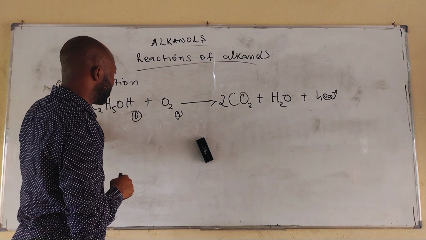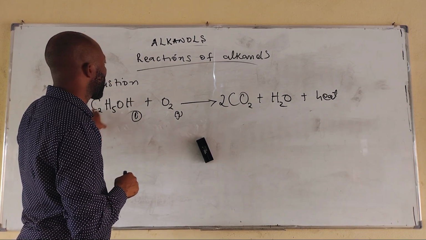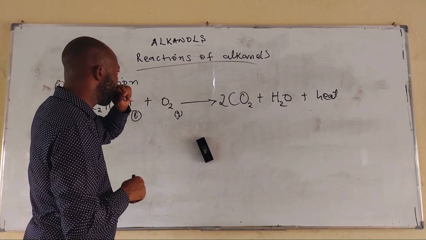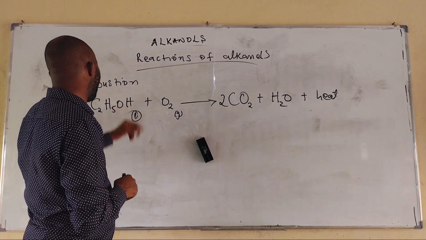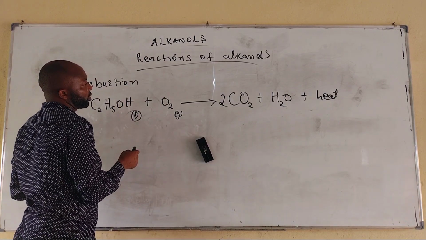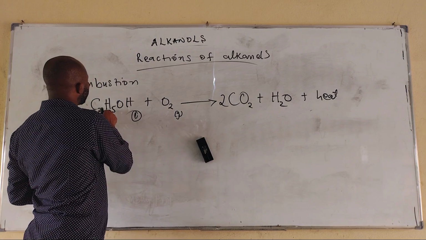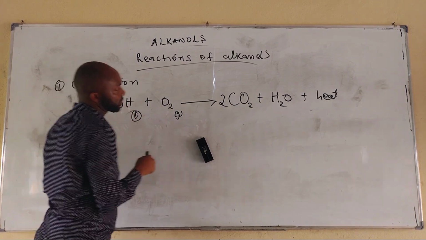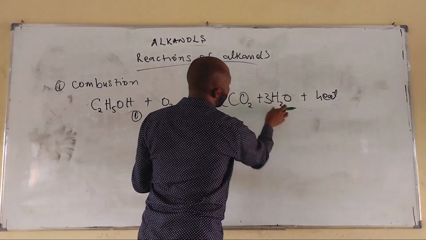It's balanced now, but my oxygen is now 4 plus 1, 5, and this side is 2 plus 1, 3. Hydrogen is 5 plus 1, 6. So if I put 3 here, I have 6 hydrogen.